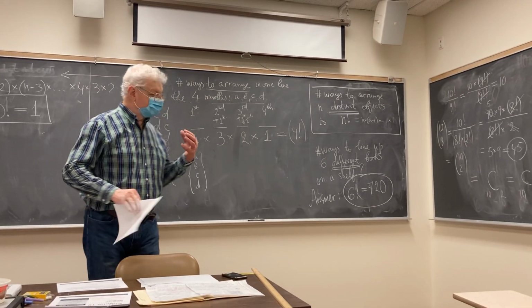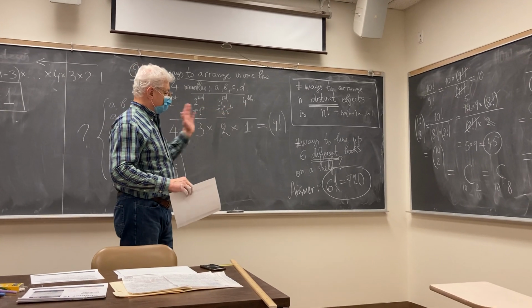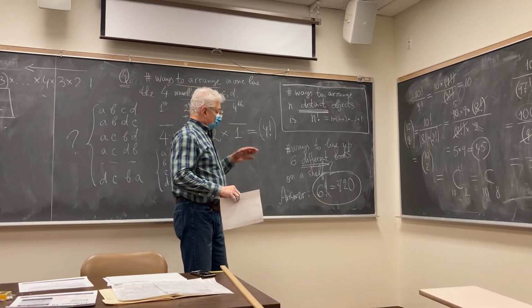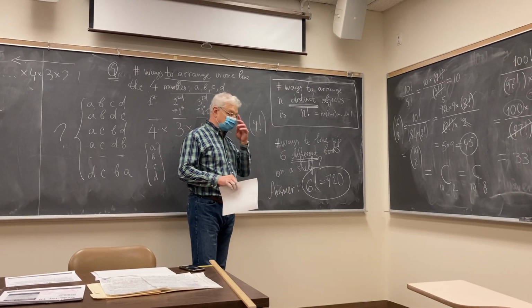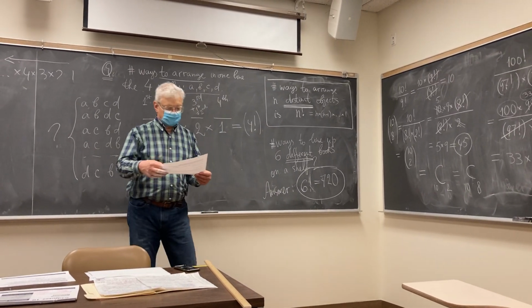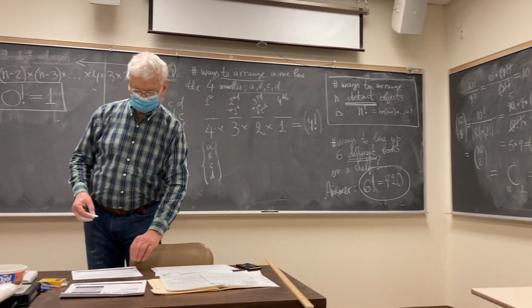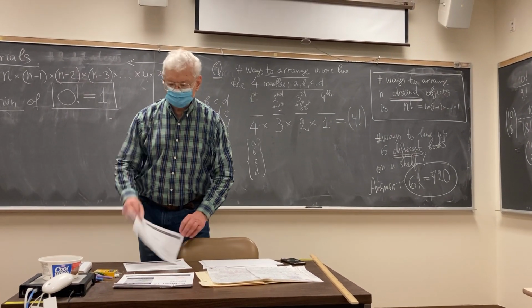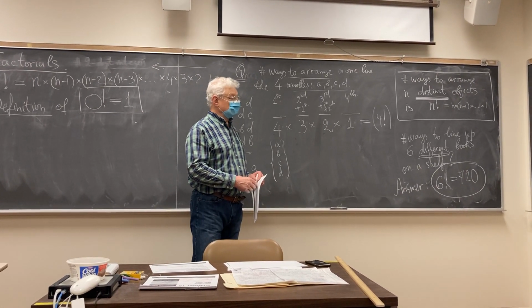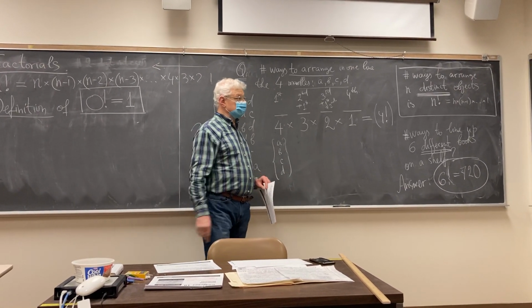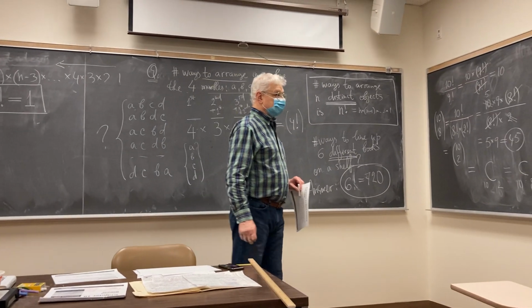The first book I put in 6 possible ways, right? The next one only in 5 different ways. Then 4, 3, 2, 1, so I have to multiply them. It will be 720 ways.